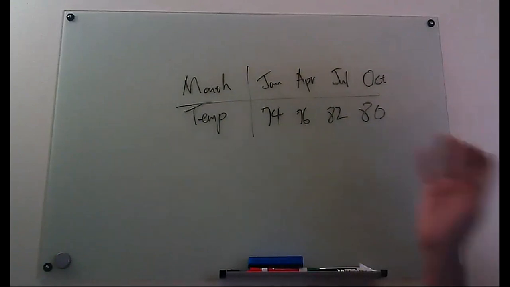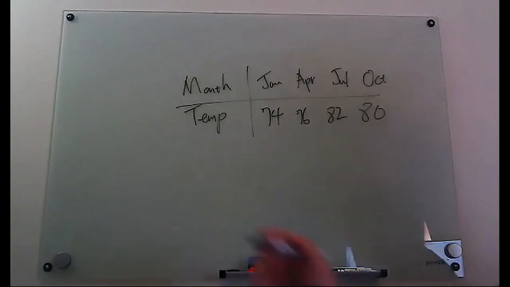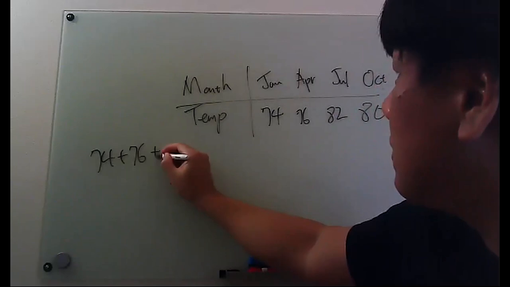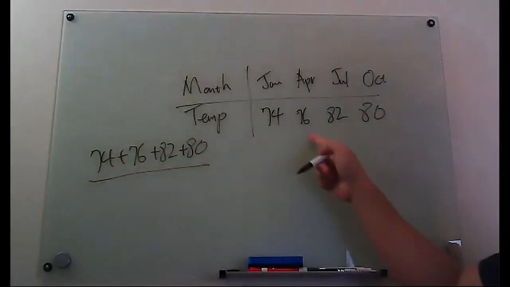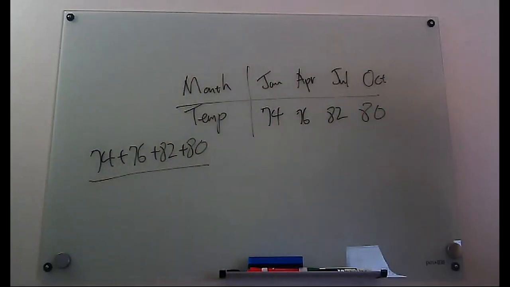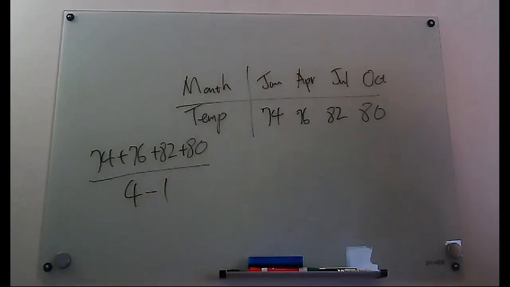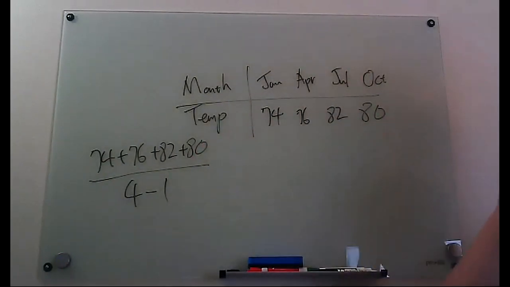The average is basically adding all these numbers: 74 plus 76 plus 82 plus 80, and then dividing by the number of observations. We have 4. Let me do the calculation: 74 plus 76 plus 82 plus 80 is 312.